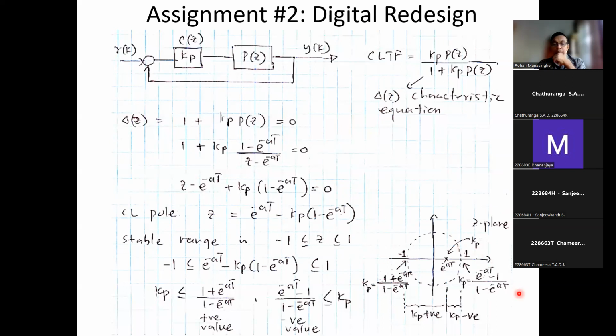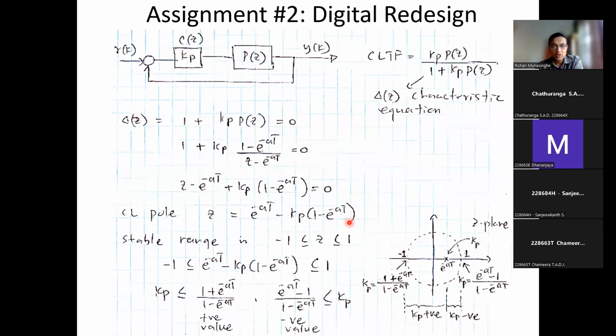Now, we want to find out the stable gain range for the gain.